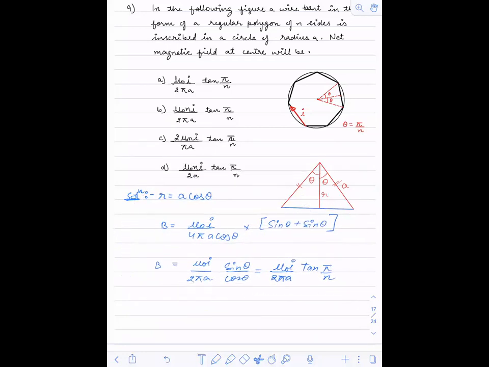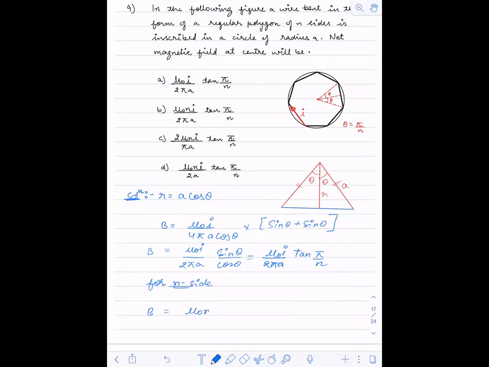Remember, this is for the calculations that you have done. All this calculation that you have done over here is for one side. For n sides, B will become mu naught N I divided by 2 pi a, tan of pi by n.